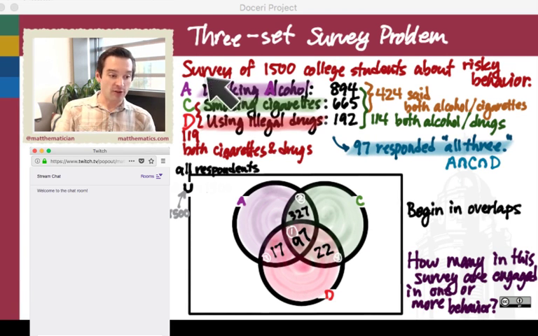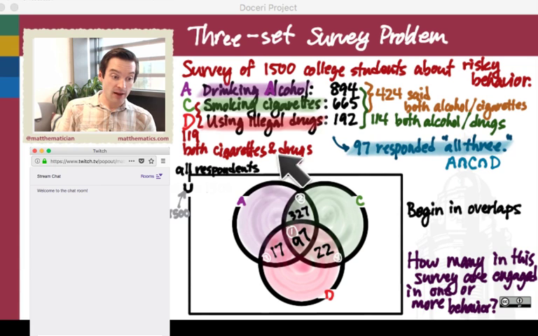Well, again, going back to our survey data, we know, for example, if we take alcohol, we know that there's 894 people in the survey who said that they drank alcohol. But we've already accounted for a great number of them. We've accounted for the 327 who do just alcohol and cigarettes, the 17 who do just alcohol and illegal drugs, and 97 of them who do all 3. And so the people that are left over, who are people who only drink and don't smoke or use drugs, they have to make up the rest of this 894.